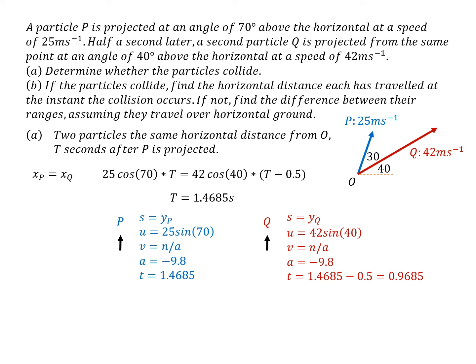For Q, it's very similar, except the time that Q has been in motion is half a second less than P, so its time at the point of collision would be 0.9685. So I need the formula which doesn't have v in it, so that's s equals ut plus half at squared, and I can use that formula for both of them.